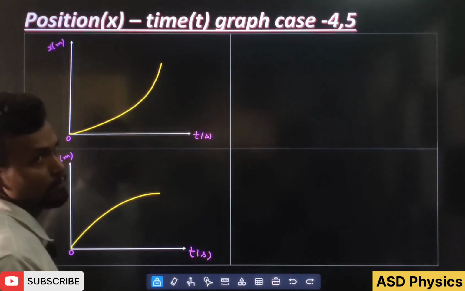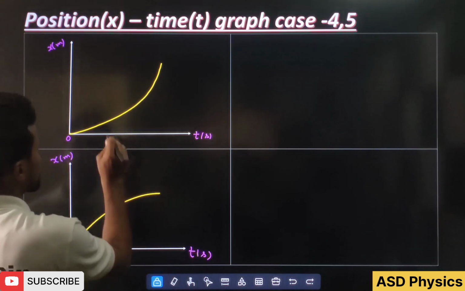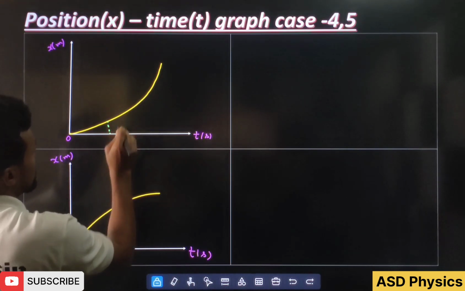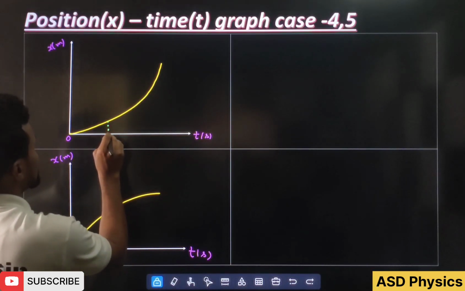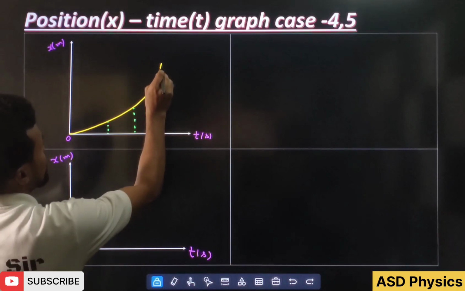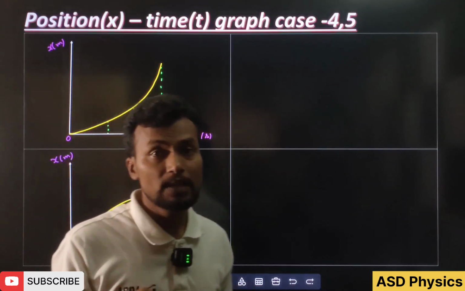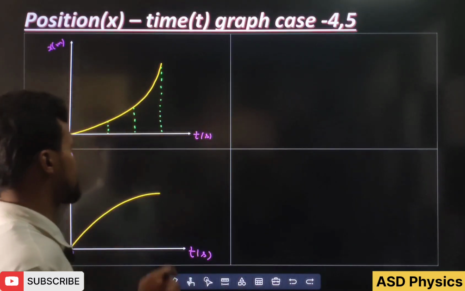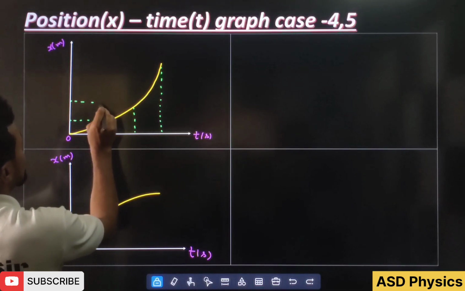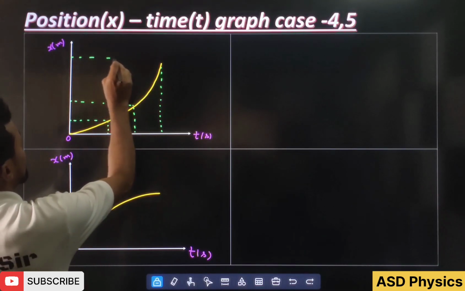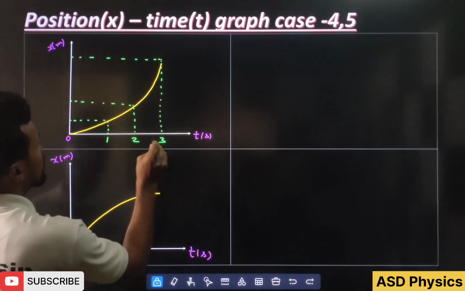Remember that in this situation, let's take some specific times, just for the example: 1, 2, 3.